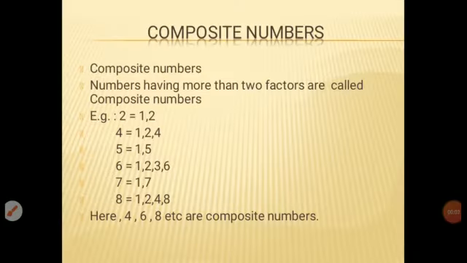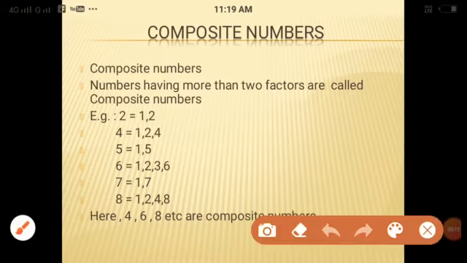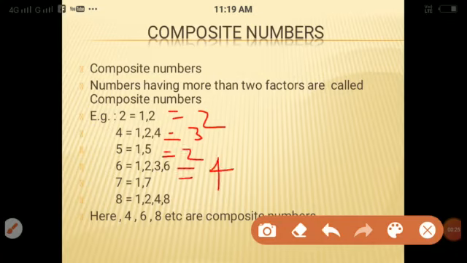Now the composite numbers are numbers having more than 2 factors. Again we have to see with the help of some examples. The factors of 2 are 1 and 2, that is 2 factors. 4 has 3 factors, 6 has 4 factors, 7 has 2 factors and 8 has 4 factors.